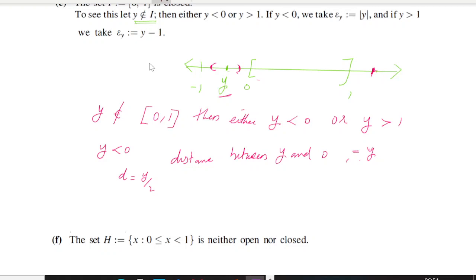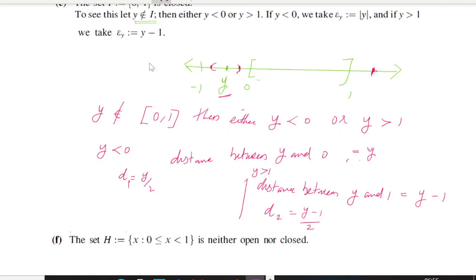So again I can go for the distance between 1 and this y. In this case, if y is greater than 1, the distance between y and 1 is y minus 1, right? Now take d1 and d2 as y minus 1 by 2.